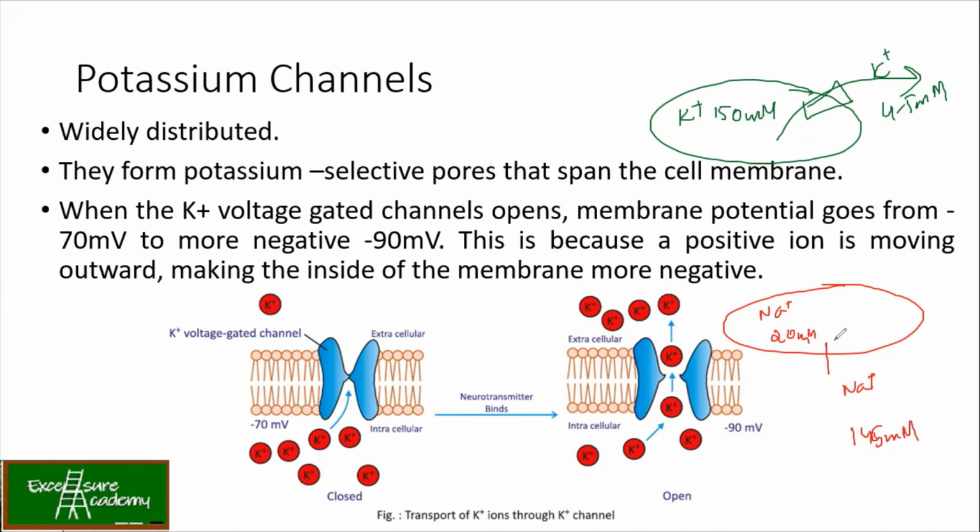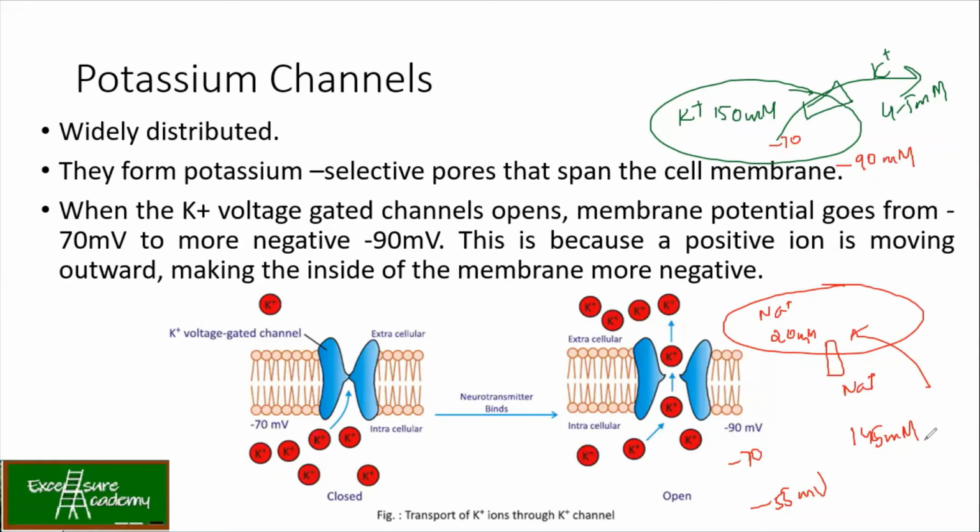So if my Na plus voltage gated channel opens, what will happen? Because of the gradient, it will come from outside to inside. And that's why in the case of K plus, from minus 70 it is becoming minus 90 millivolt, whereas in the case of the Na plus channel opening, minus 70 is going to minus 55. Now getting the point why this difference is coming?